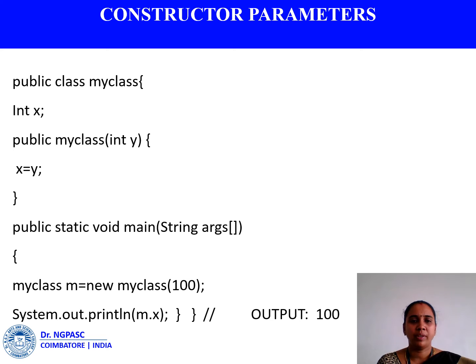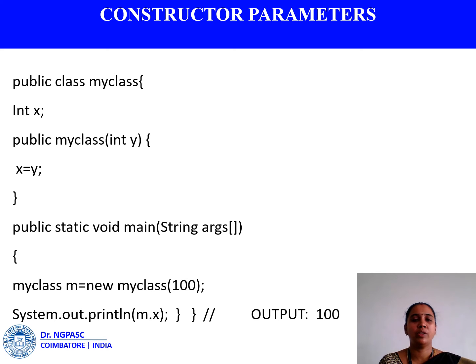After that, inside the main method, I'm creating an object for this class, MyClass. While creating the object itself, I'm passing 100 as the value. So whenever we are creating an object for a particular class, if the class has a constructor, it will be invoked. Our class also has a constructor which is not an empty constructor, it is a single parameterized constructor.